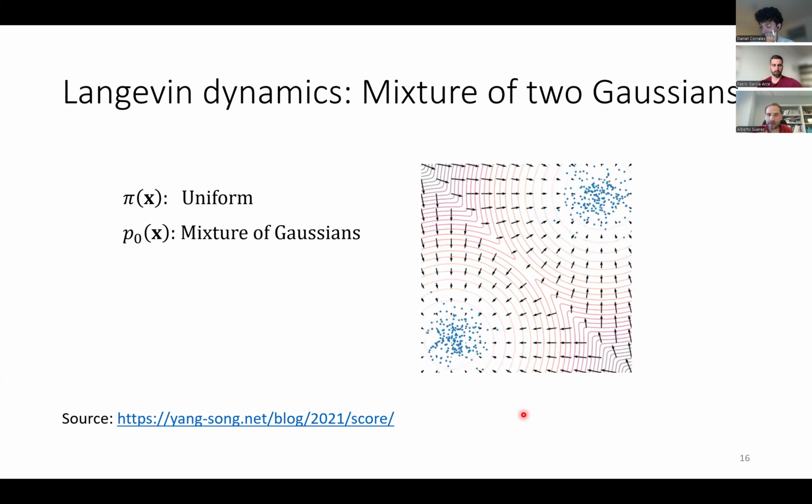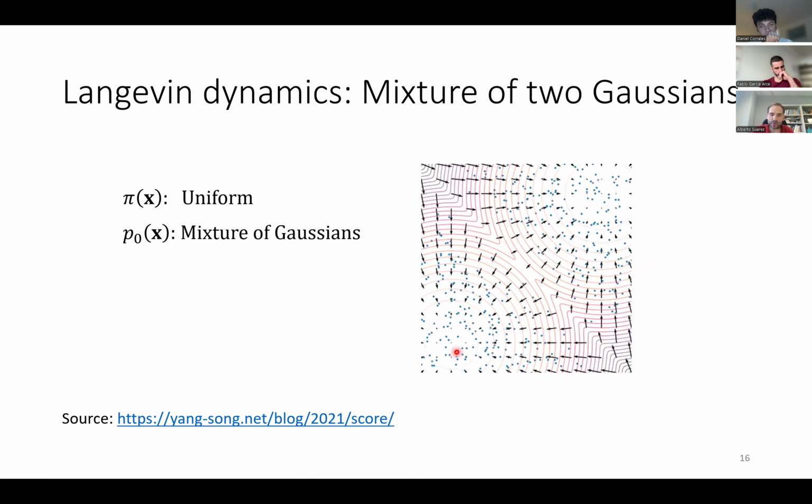Okay, I will say when t is equal to 0, that will be the initial. Okay, that was t equals 0. So t equals 0, and then it evolves, and asymptotically, you see that the initial samples that were uniform in this square, half of them go to this upper node, half of them go to this lower node, just because of the symmetry of the Gaussian, of course, of the mixture of Gaussians.